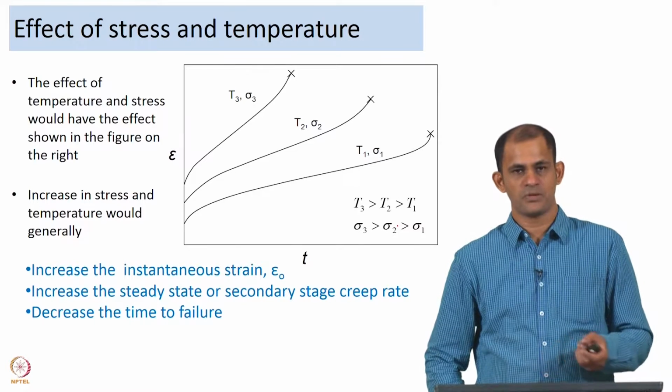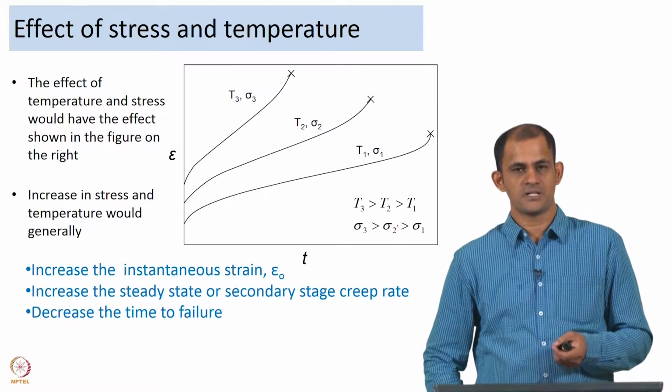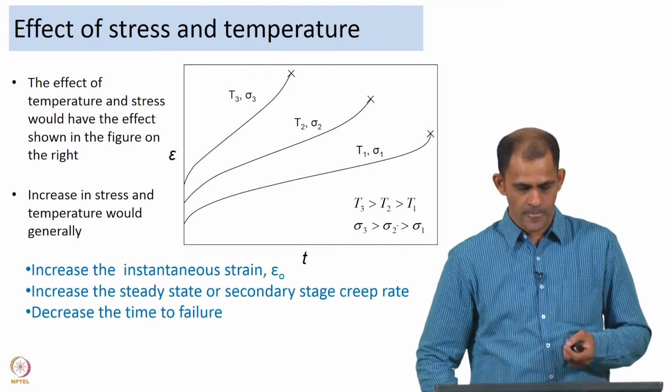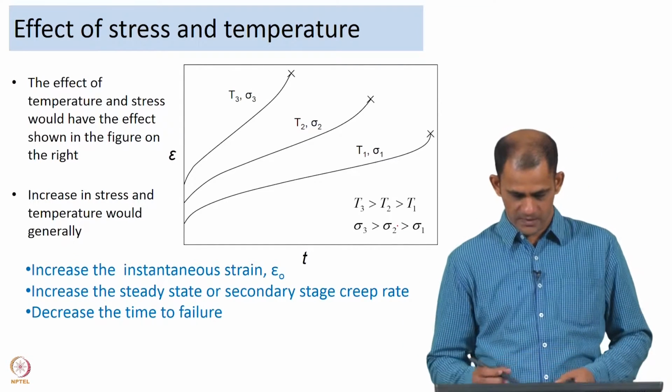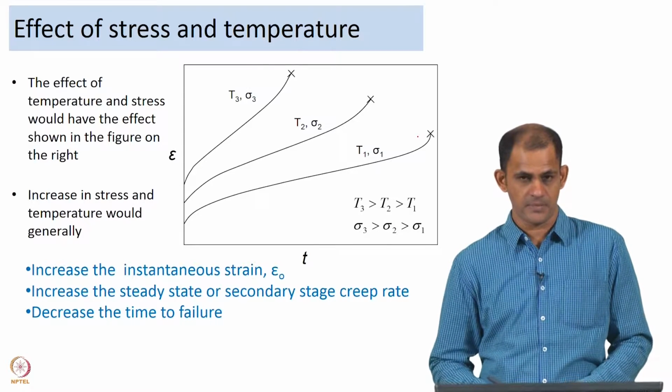We looked at the effect of stress and temperature on strain rate. So, what is the corresponding effect of stress and temperature on the creep curve itself? Here we have three creep curves. The first one corresponds to applied stress sigma 1 and test temperature T 1.